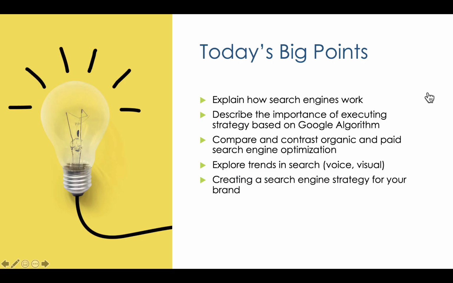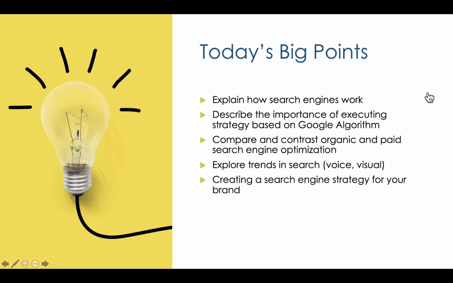Here's what we're going to do. We are going to talk about search engine optimization, how they work, very basic. Then I want to spend some time discussing the Google algorithm, which really is what you need to pay attention to and how you are going to ensure that your website and your other digital assets are tagged appropriately.